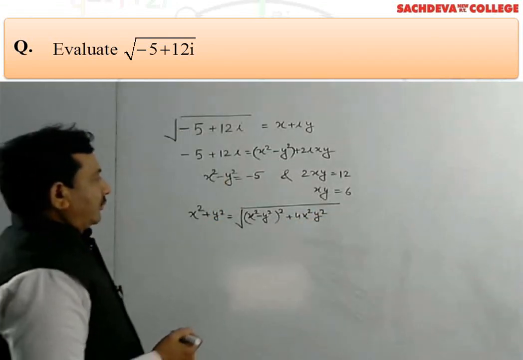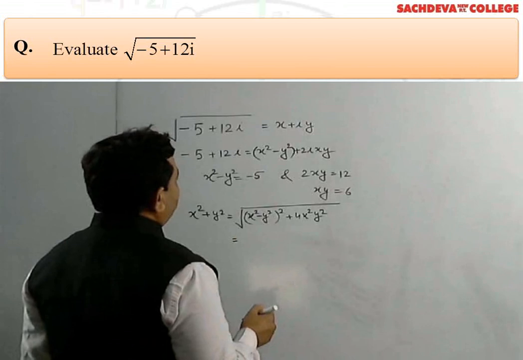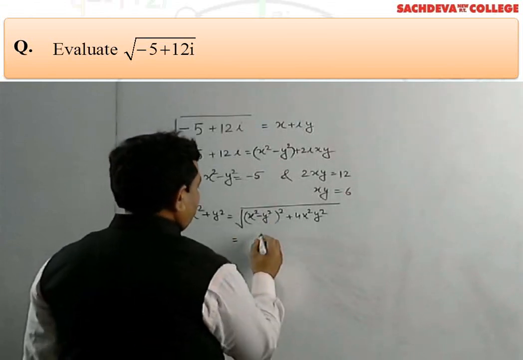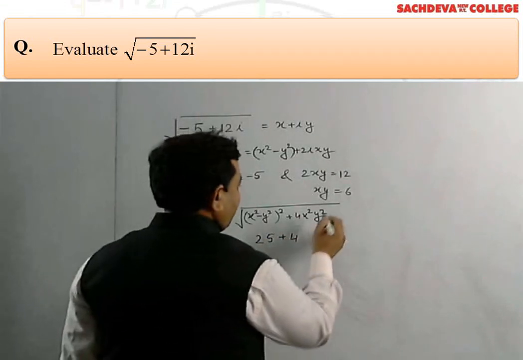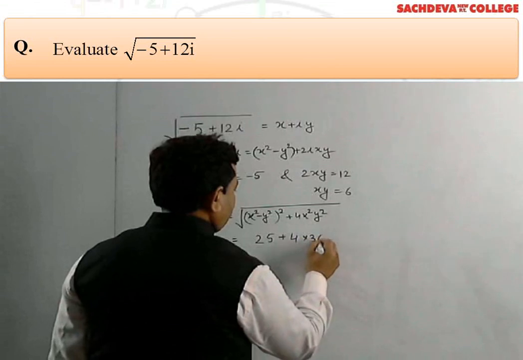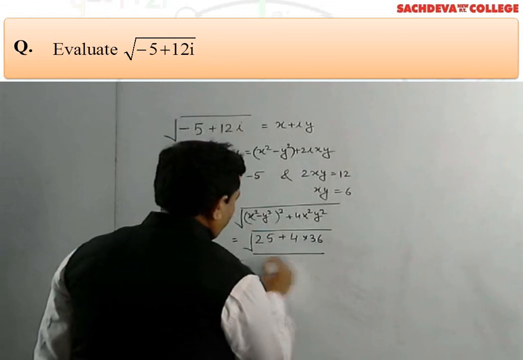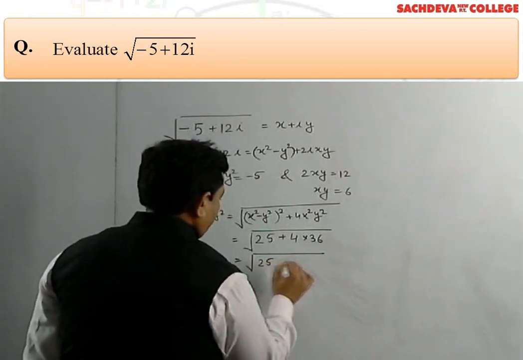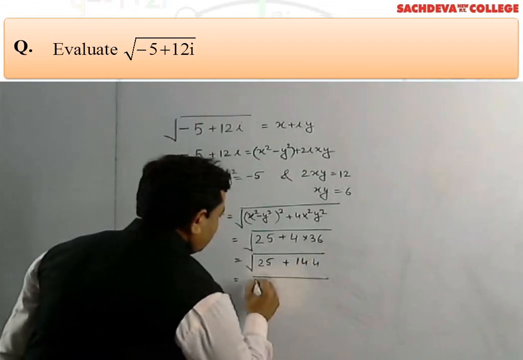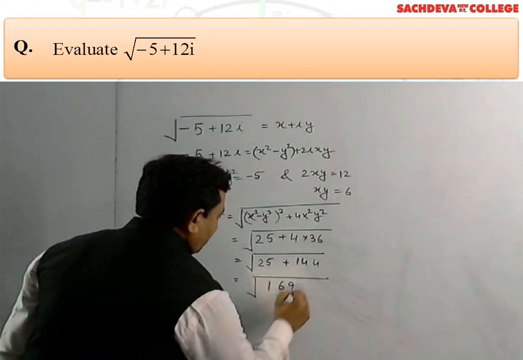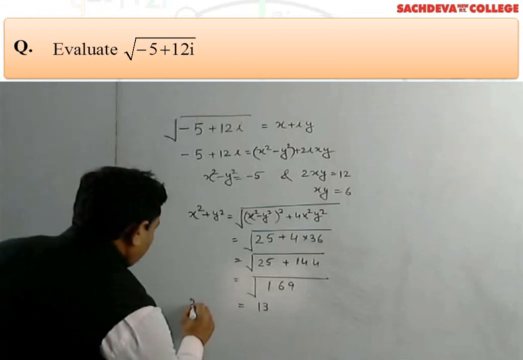Now on putting the value of x square minus y square, given that x square minus y square is minus 5, so minus 5 square will be equal to 25, plus 4 into the value of xy, which is 6, it means 6 square will be 36, or this will be equal to under root 25 plus 144, or will be equal to under root 169. This is 13. So the value of x square plus y square is equal to 13 here.